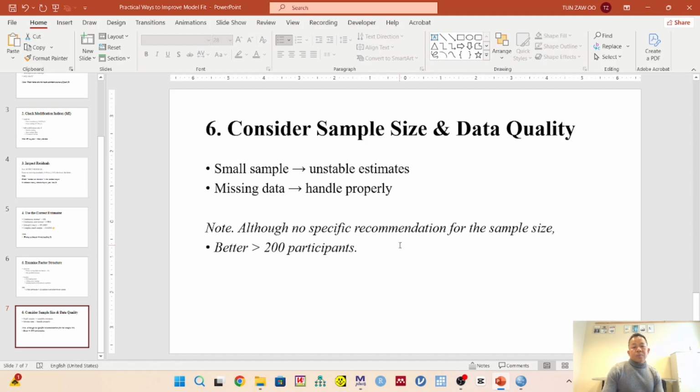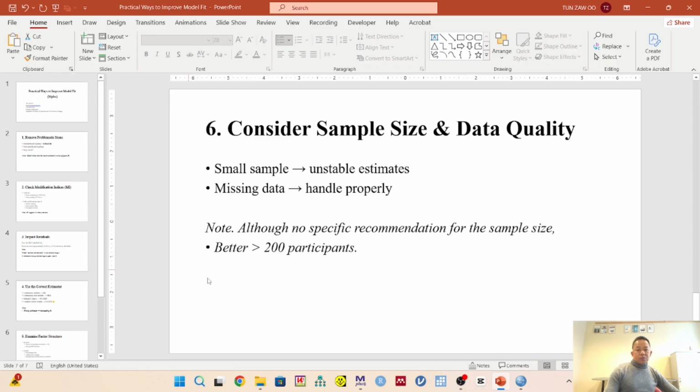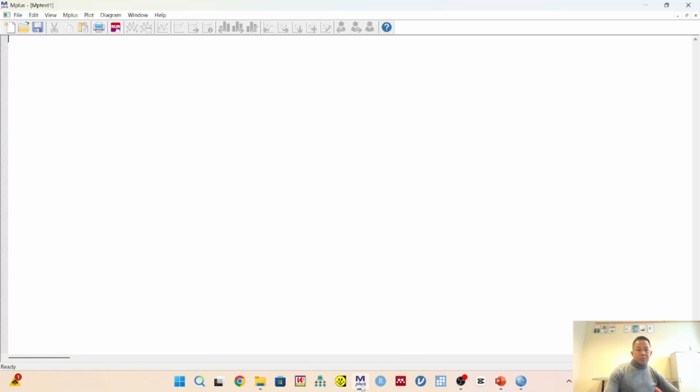There is no strict recommendation for the sufficient sample size for running a CFA model in Mplus, but some structural equation modeling researchers suggest it should be more than 200 participants. Based on these practical ways, we should try to improve the model fit. Now let us keep going with the Mplus software.